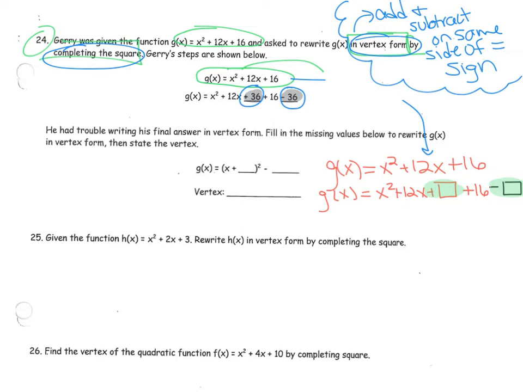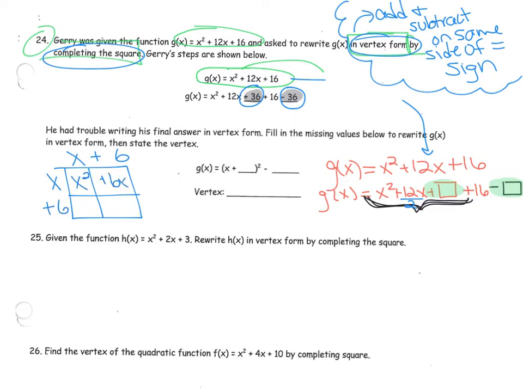So now we have to complete this square. Remember, we have this b term. So we're going to take half of 12. And I'm going to write my square on the side. We're completing the square. I'll have x plus 6 and x plus 6. You have x squared plus 6x plus 6x plus 36.